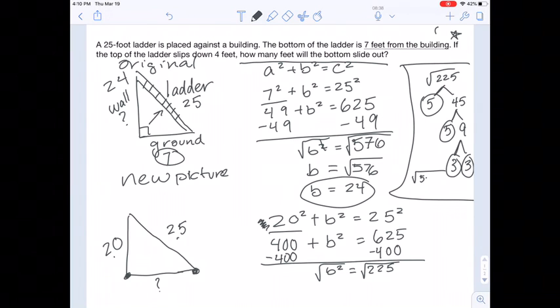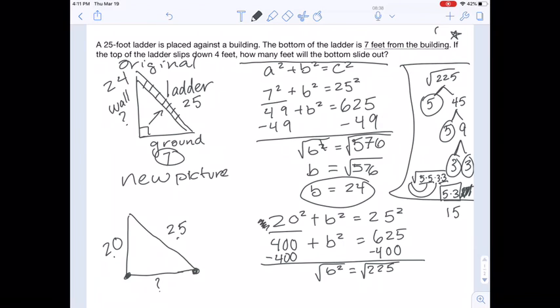So then we can rewrite it as the square root of 5 times 5 times 3 times 3. Everything has a pair that can leave. So 5 leaves the radical, and 3 leaves the radical. There's nothing left inside, so we don't even have to write it. Then we just have to multiply those two numbers, and we get 15.